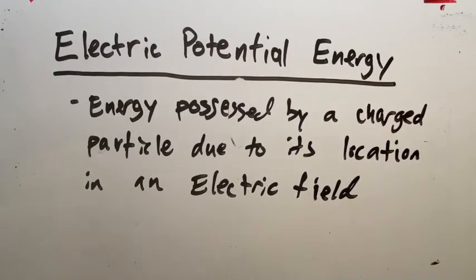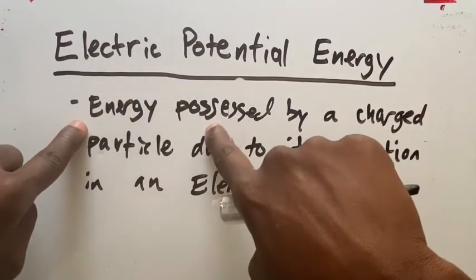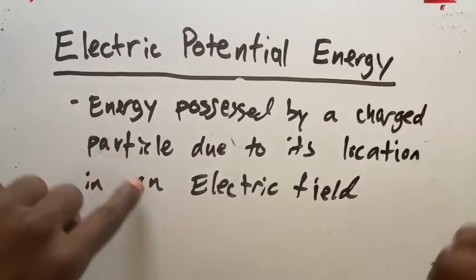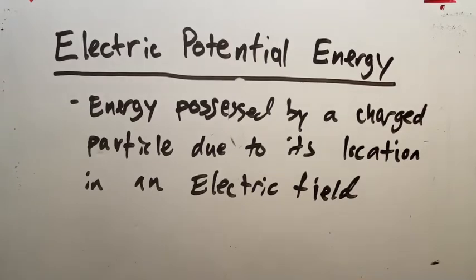Boom. So the electric potential energy is the energy possessed by a charged object because of its location in an electric field. All right, so now let me try to describe that with the diagram.